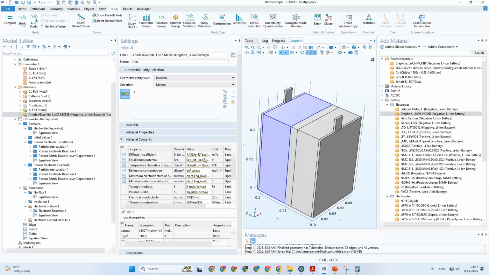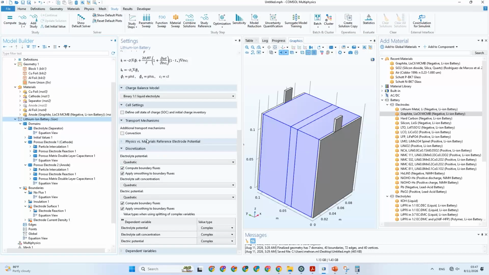Okay, why is it not SOC? Oh, you must add SOC. Let me check.